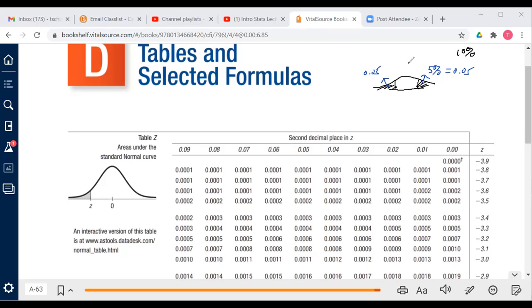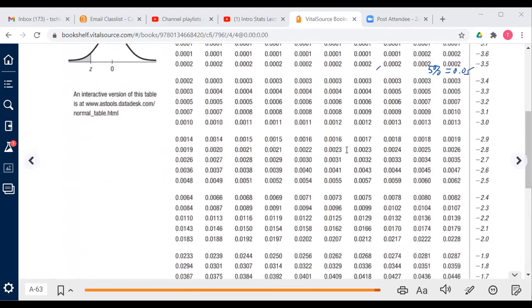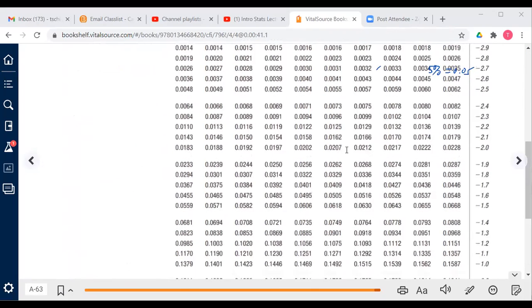So now let's see if we can find it. In here, it's 0.05, right? So you find the one very close to 0.05. Let's see here.